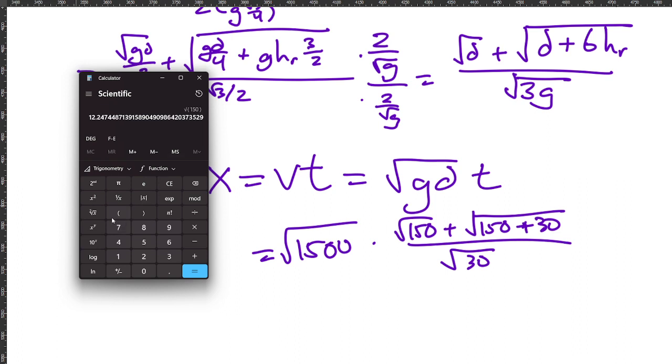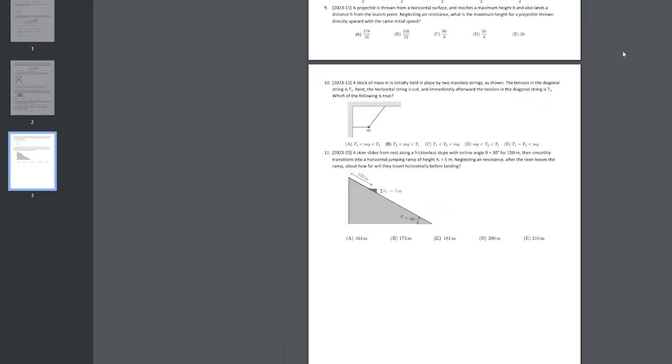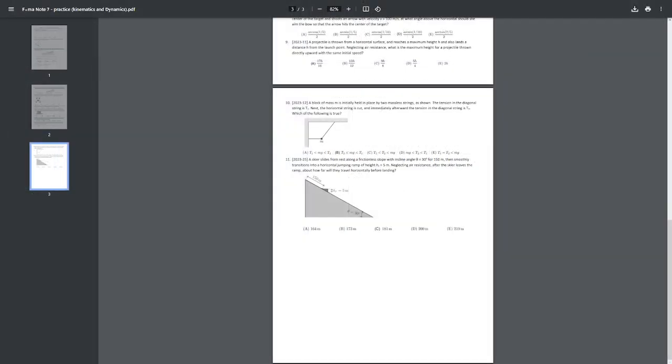No, I know how to use my calculator. 150 square root. 180 square root. Actually, you know what? How do I do this? No, I don't know how to do this. I want to use a regular calculator. I don't have a regular calculator on hand.